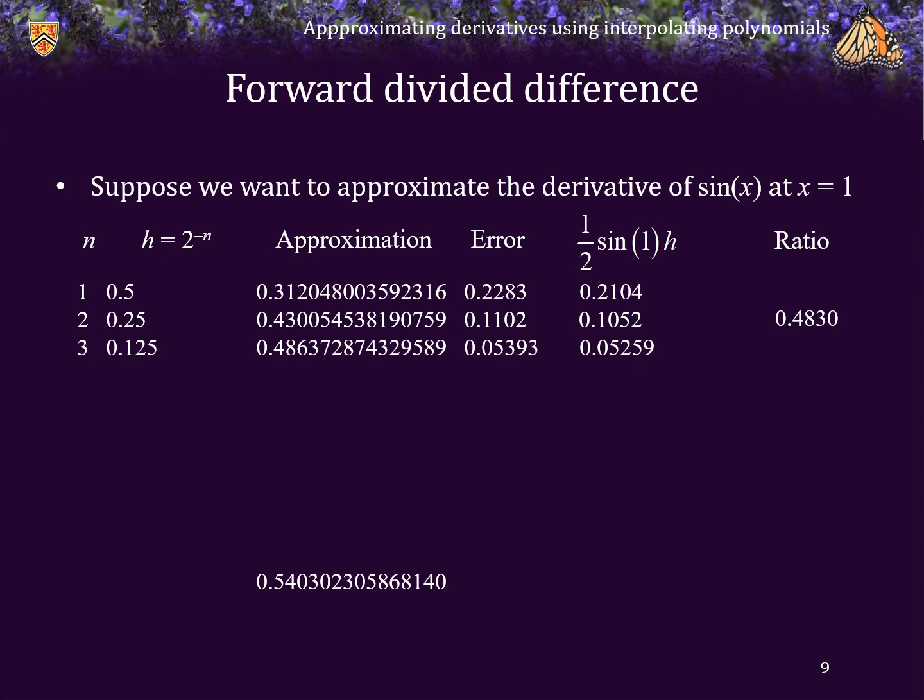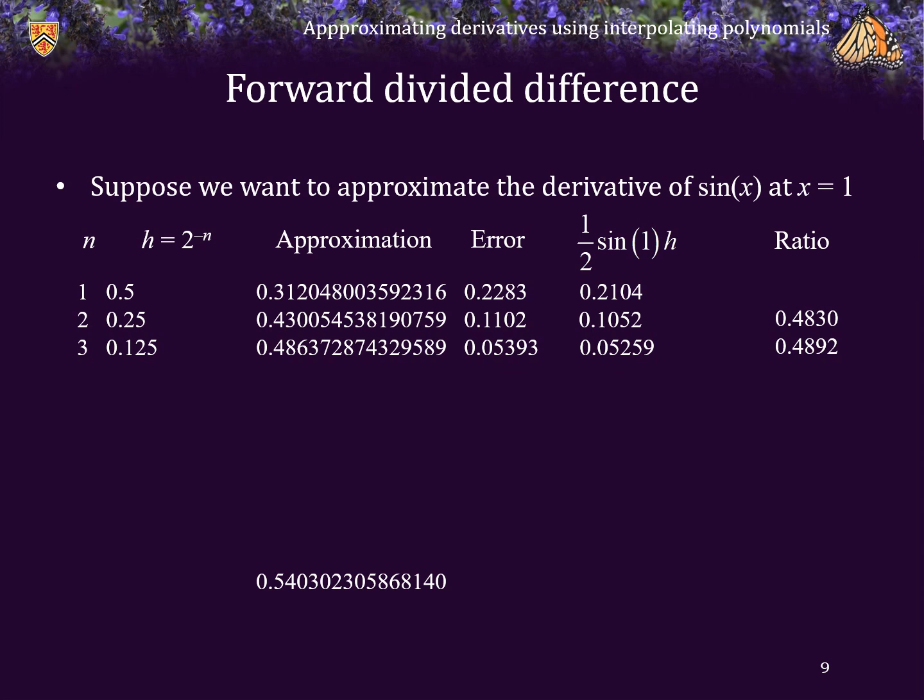Dividing h by 2 again, we get a better approximation. The error goes down. Notice 0.1102 is the previous error, 0.05393 is the next error, which is indeed approximately half. And once again, our formula does correctly predict it.